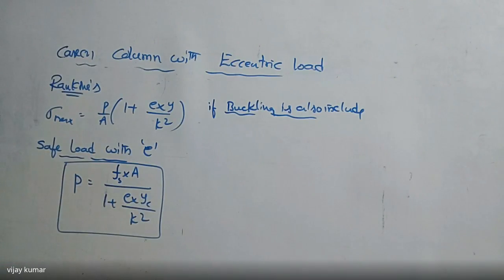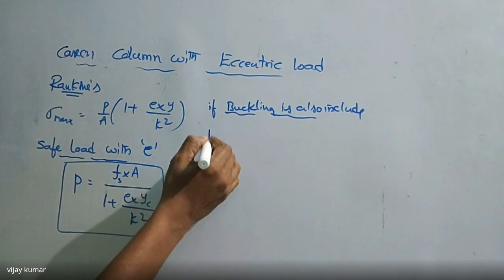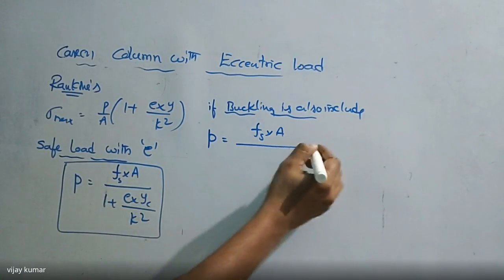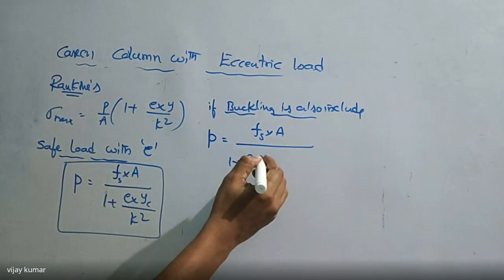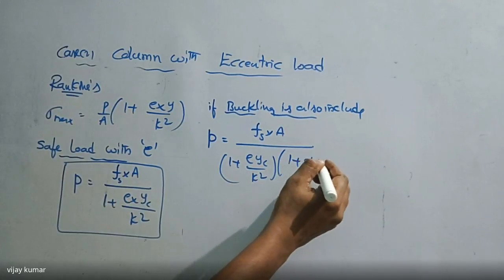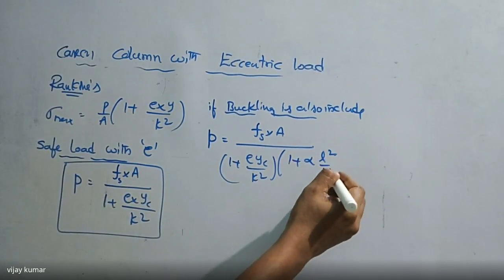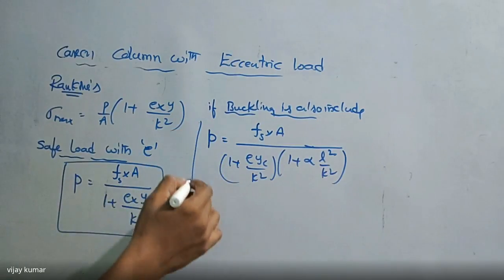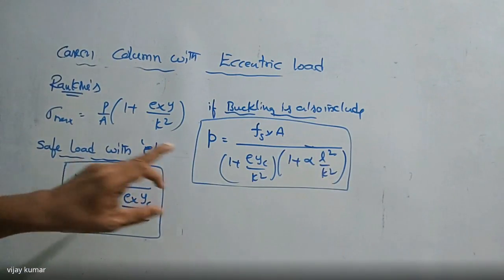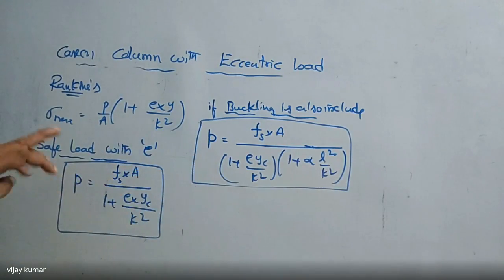If buckling is also introduced here, then the formula for safe load is sigma s into area divided by 1 plus e into Yc divided by k square, into 1 plus alpha into L square by k square. This is the formula for the safe eccentric load with buckling; without buckling it is the earlier one. So this is for the maximum stress according to Rankine's formula.